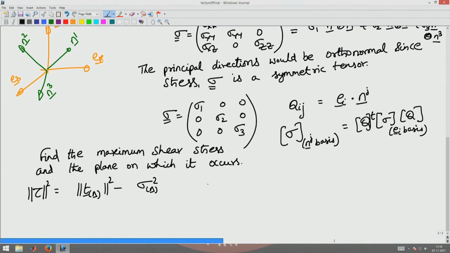So, let us assume that m is the normal to the plane on which maximum shear stress occurs.